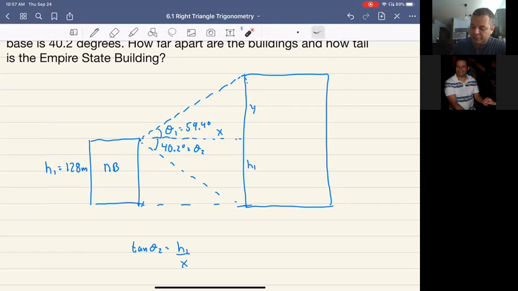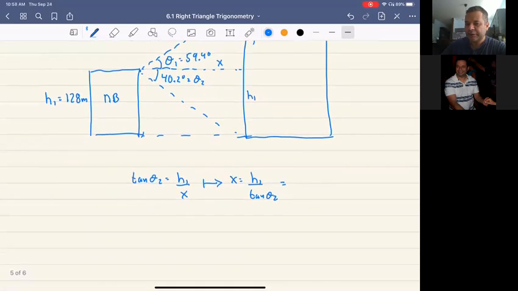What do we know? We know the angle. We know h1. We just need to find x. X is going to be h1 divided by tangent of theta 2. I'll calculate that a little bit later.